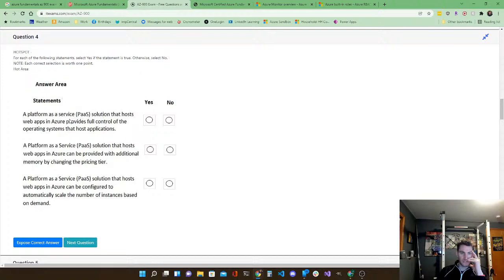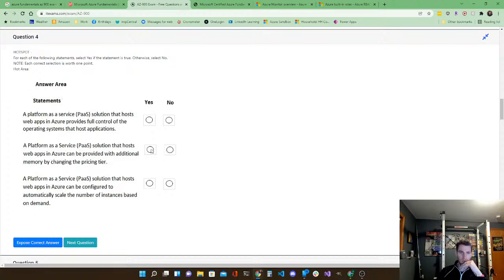Platform as a service, aka PaaS solution that hosts web apps in Azure, provides full control of the operating systems that host applications. Not full control. That would be infrastructure as a service. You get some control, so that's a no. PaaS solution that hosts web apps in Azure can be provided with additional memory by changing the pricing tier.